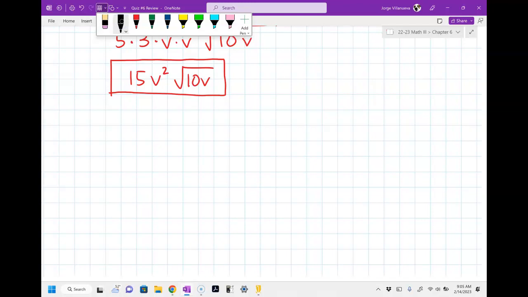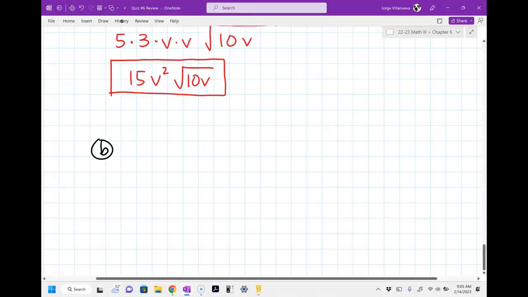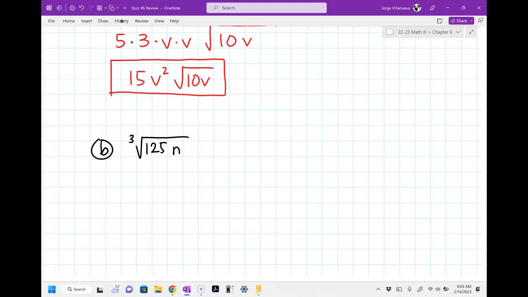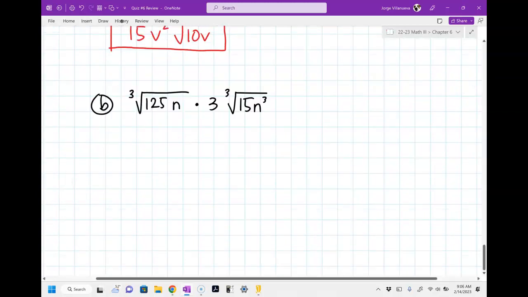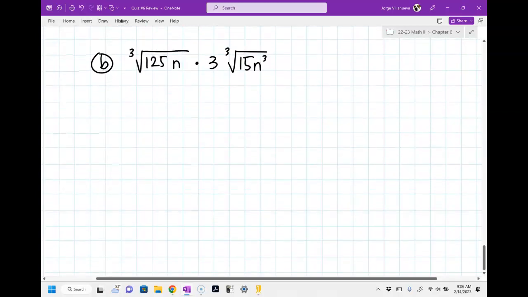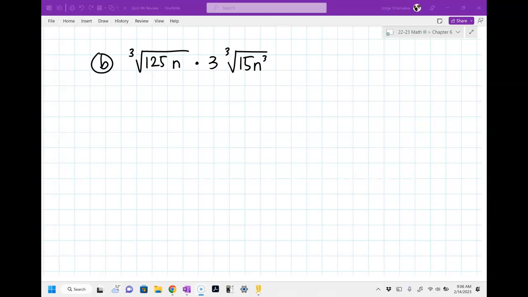Now, this one, I'm going to change my mind. Okay, so go ahead and write that one down. All right, so a cube root of 125 times a cube root of 15n, I don't want to do that.